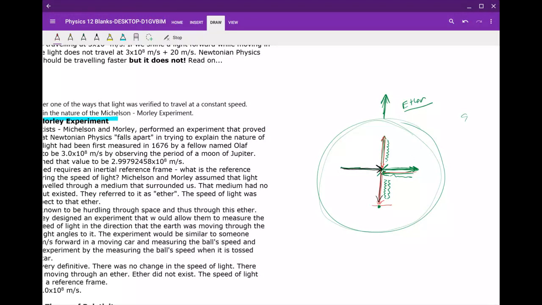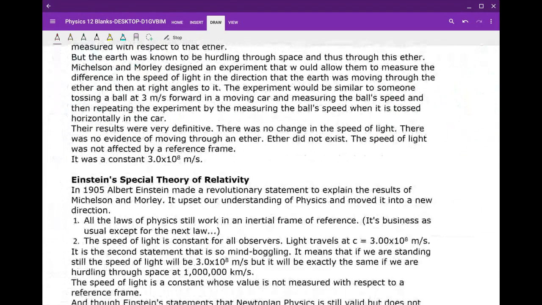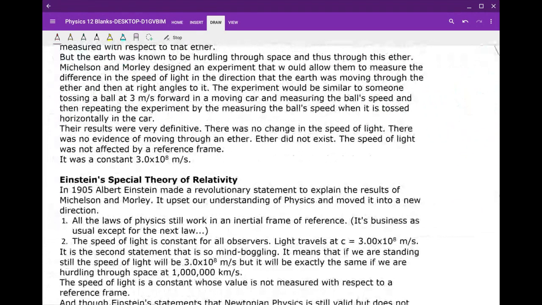And so this whole idea of shooting light on an Earth that's moving through space doesn't speed the light up. Einstein's conclusion is that the speed of light is constant for all observers, regardless of whether or not they are themselves moving.